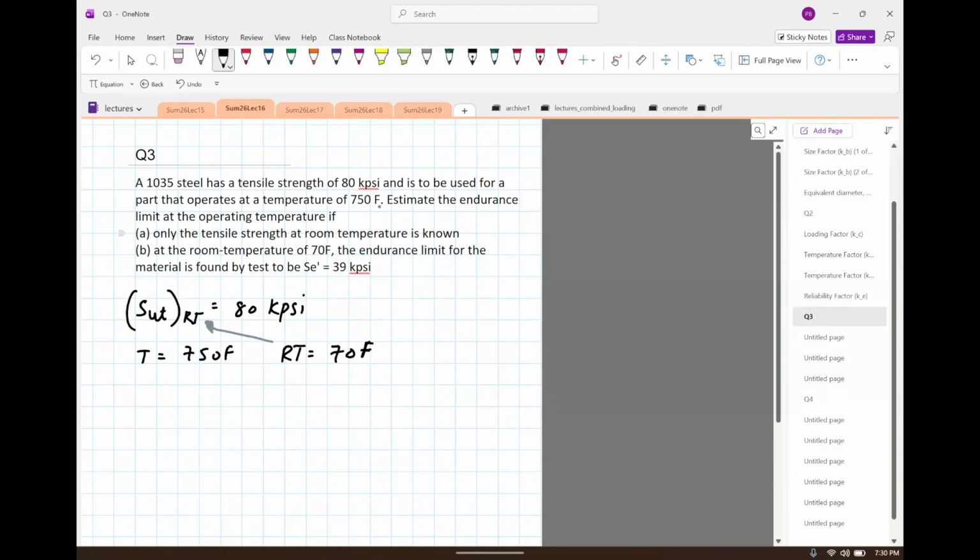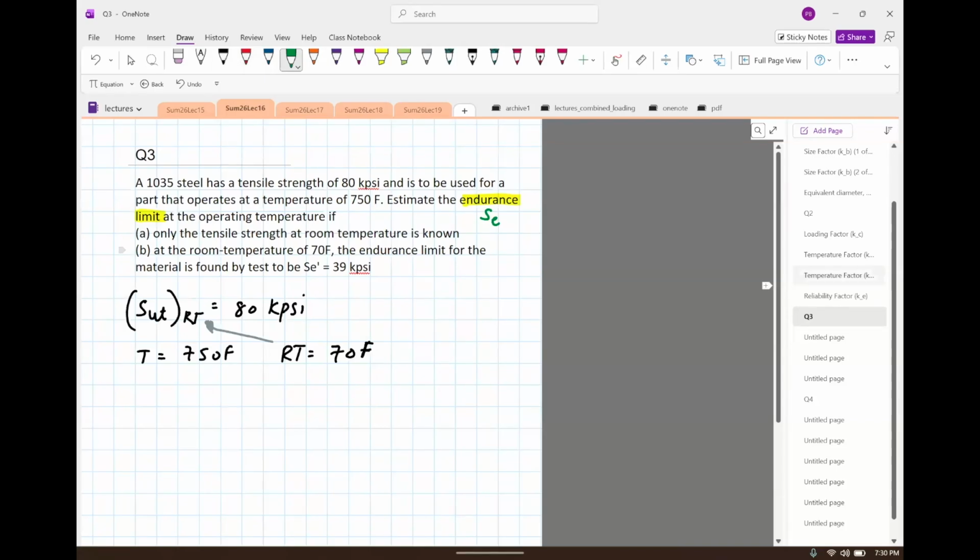Now we're asked to compute the endurance limit. The endurance limit is SE, and SE without the prime, because SE normally at room temperature is known, and you want to know SE at a temperature of, in this case, 750 Fahrenheit. Only the tensile strength at room temperature is known, and at the room temperature of 70 Fahrenheit, the endurance limit for the material is found to be SE prime 39 kpsi.